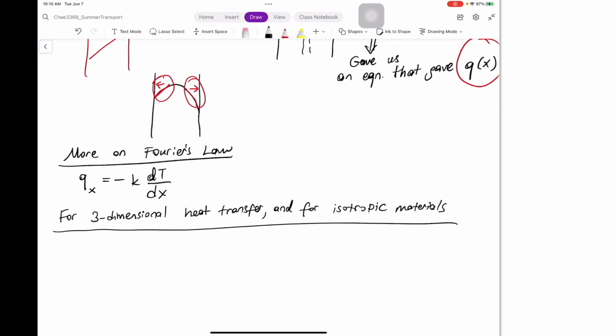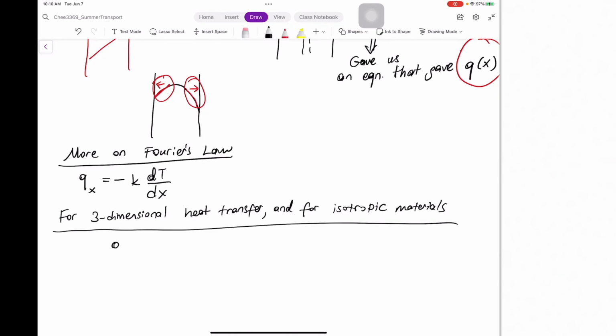What does isotropic mean? It means the properties of the system do not change depending on which direction you're moving. So basically the K is not going to be a function of the direction.